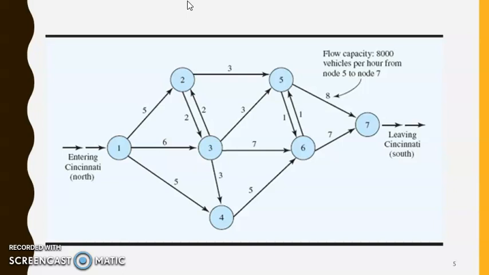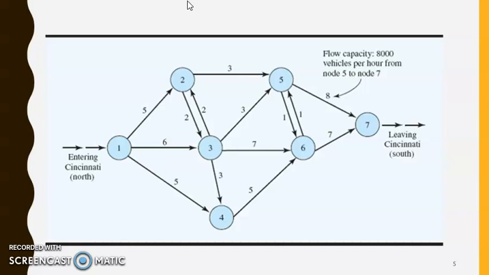Okay, 1, 2 has the capacity of 5,000 cars per hour. 2, 5 has the capacity of 3,000 cars per hour, and 5, 7 has the capacity of 8,000 cars per hour, or vehicles per hour. What is the capacity of 1, 2, 5, 7? It is the minimum of them. It is 3,000.